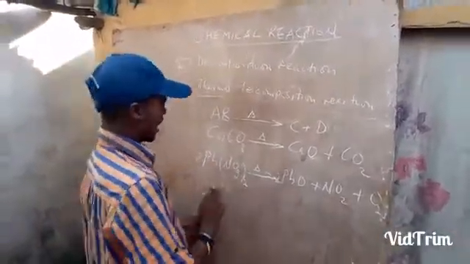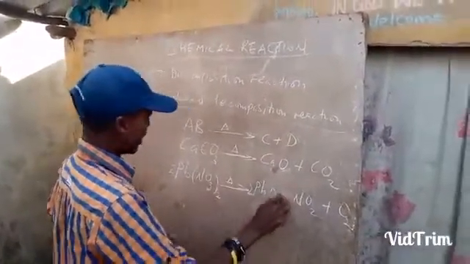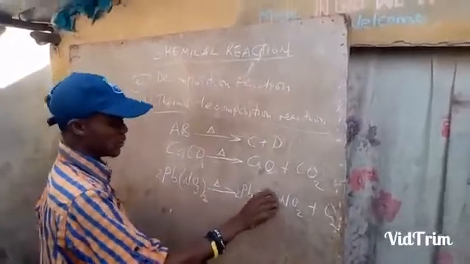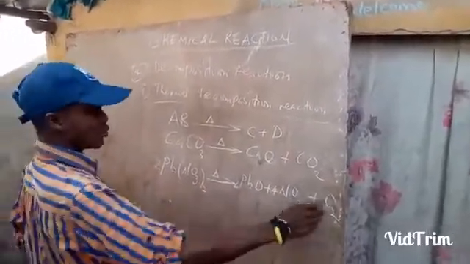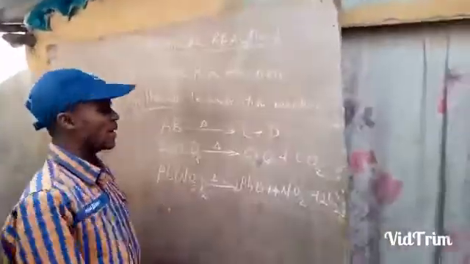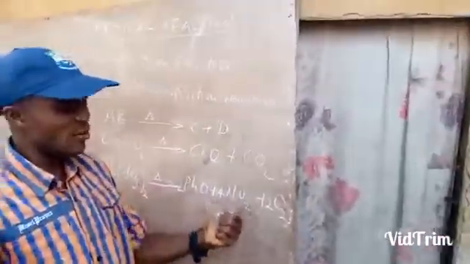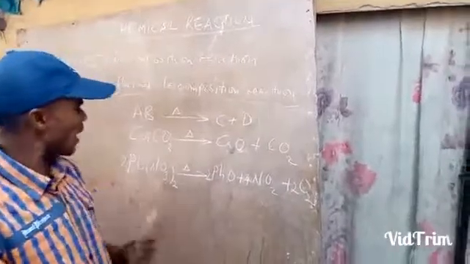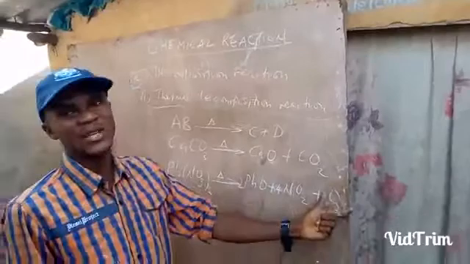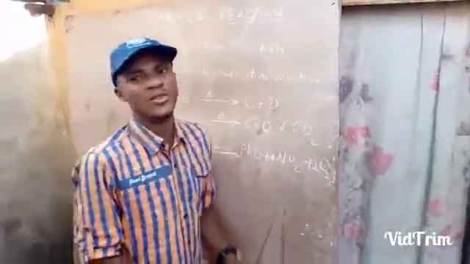Now we can put 4 molecules here, because we have nitrogen(IV) oxide, 2 here plus the 2 here becomes 4. We can also put 2 in front of the oxygen here to balance it. So when you apply heat to this compound, the compound breaks to produce these compounds. The compound breaks to produce 3 compounds here, but when you remove the heat, they will not combine to produce it. So it becomes thermal decomposition reaction.